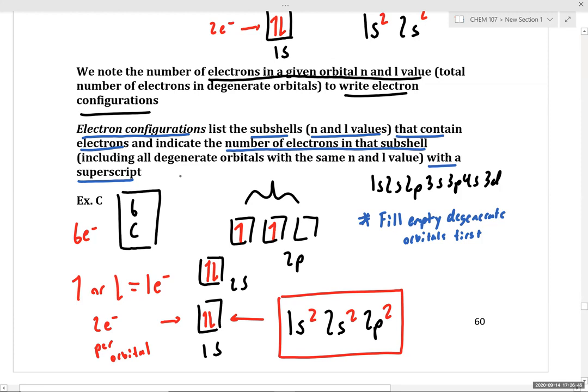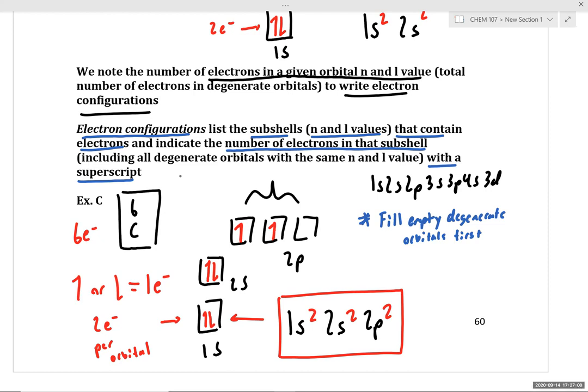Does this make a little bit more sense so far? Is everyone feeling a little more comfortable with this idea of writing electron configurations? Professor, why in 2p is each orbital not holding 2 electrons, like the 1s and 2s?